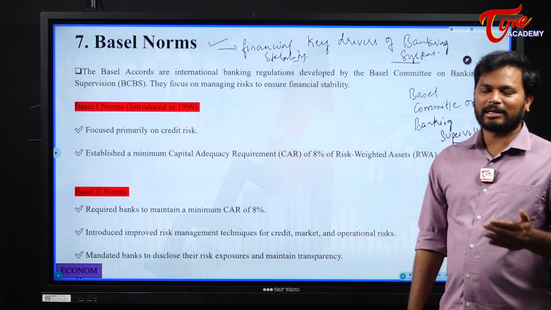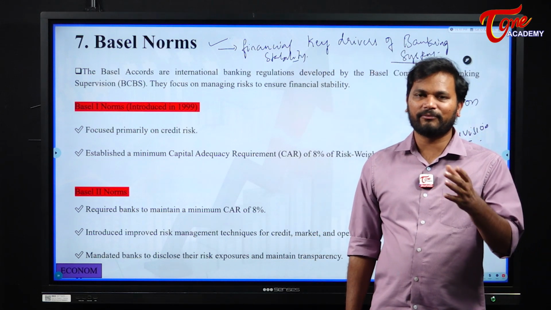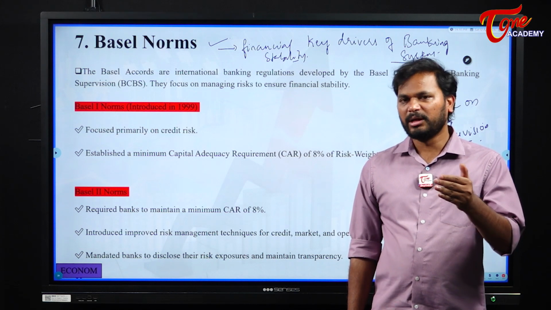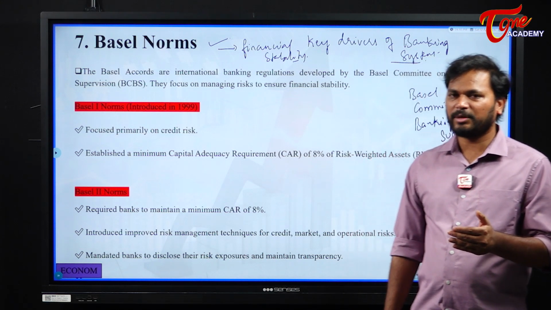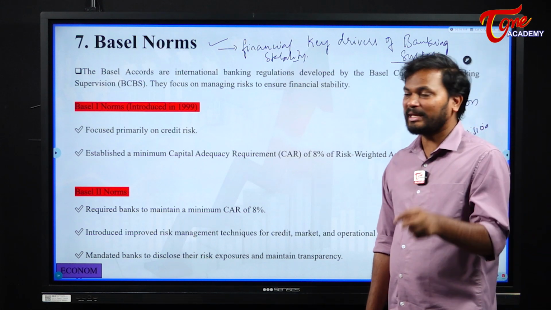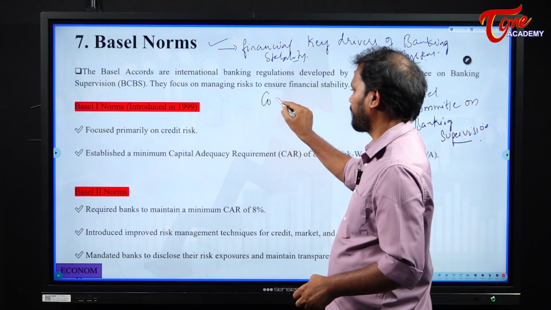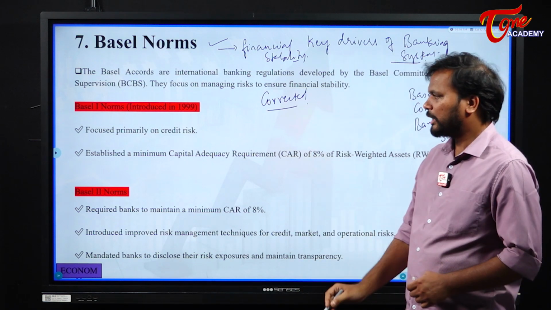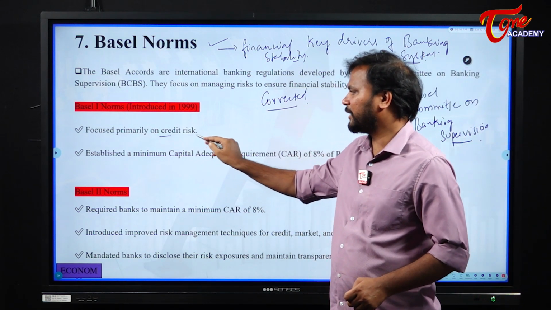The areas of credit risk are the areas of focus for the Basel norms on banking supervision, and those areas will be corrected. So, the primary focus is on credit risk.